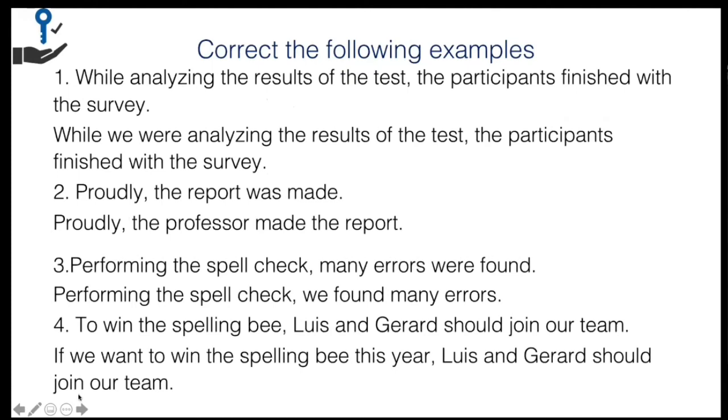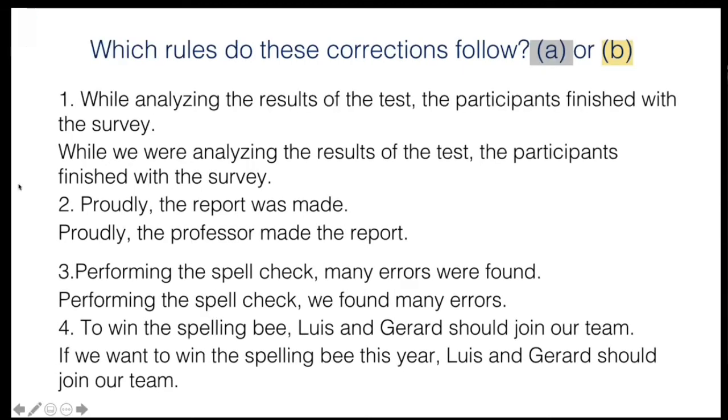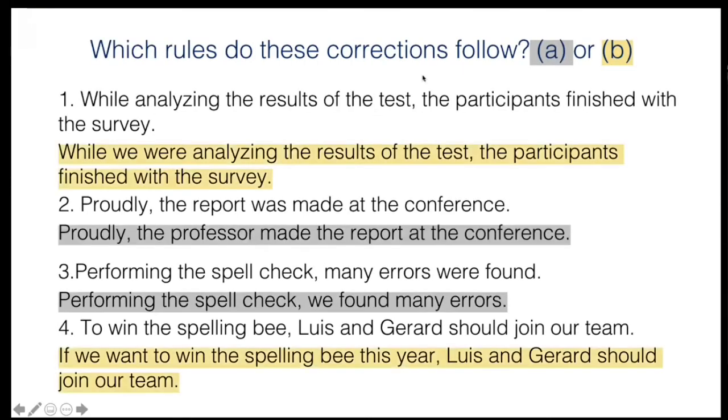Strategy A, when you add a subject to the second part of the sentence. So which ones would be this? Points A would be number 2 and 3. Let's analyze it. Proudly, we don't change. We just leave it as it is.